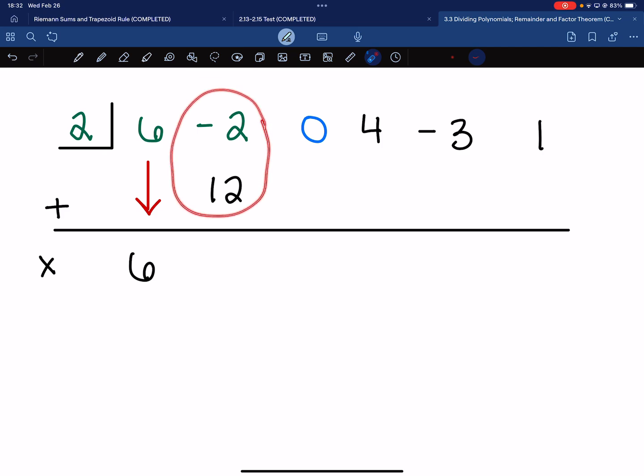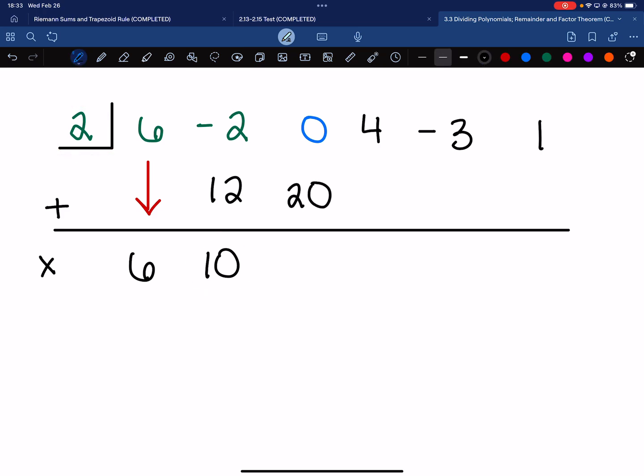These two are above the line, so they're going to be added. -2 plus 12 is 10. Now it's below the line, so we multiply. 2 times 10, we get 20. Again, it goes diagonally.